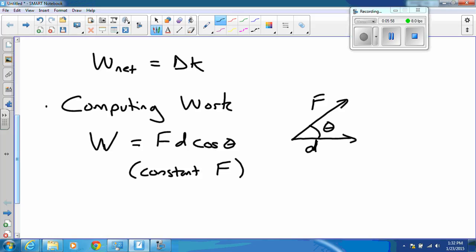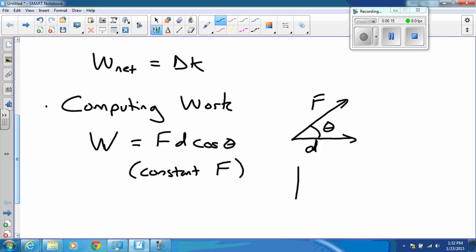And the way in which I use it is I identify my force vector, and I identify the distance or displacement, really, that we're traveling, right? And I actually draw those, and I say, what's the angle between those? And now I've got all the values that I need for computing.